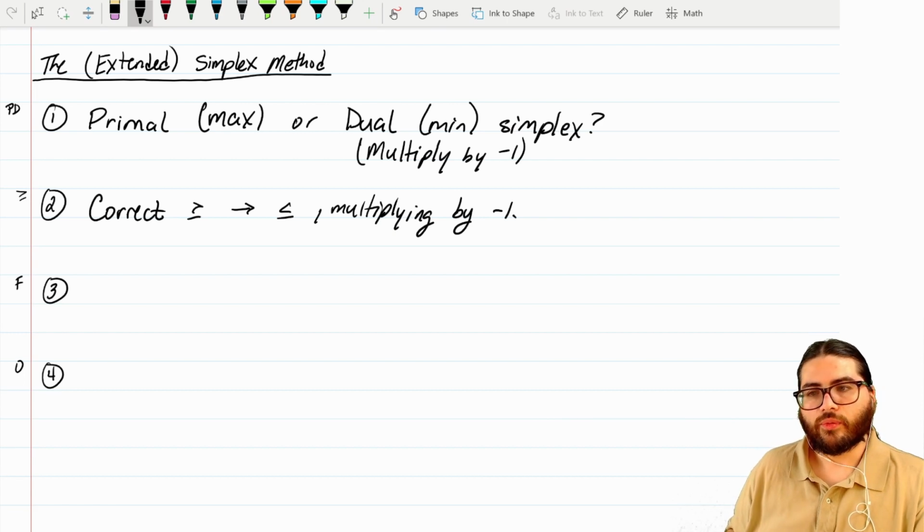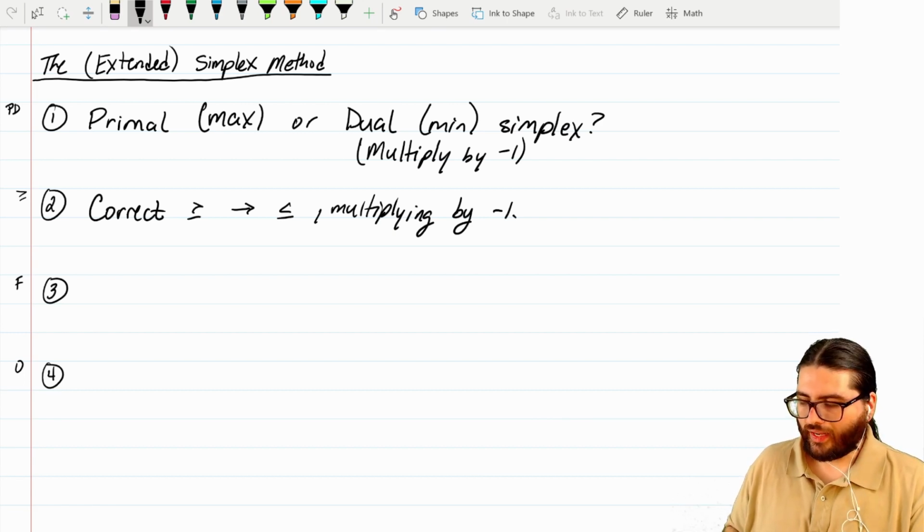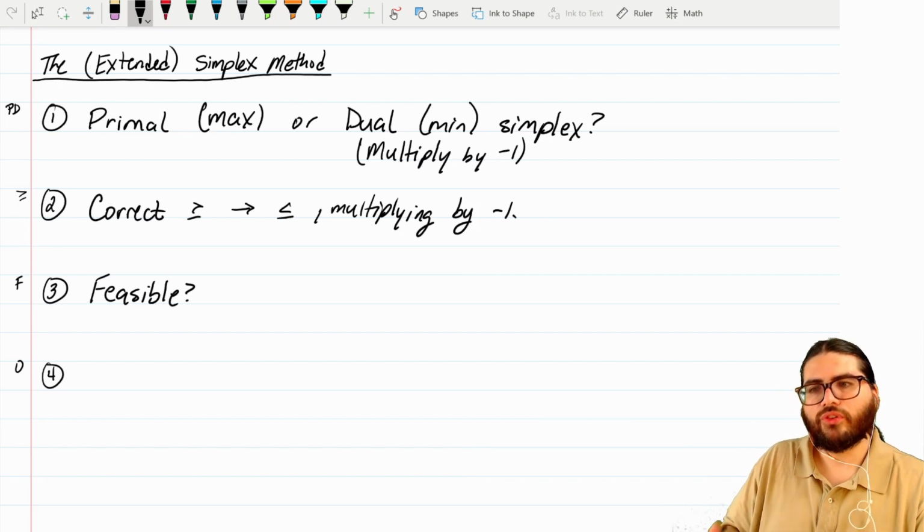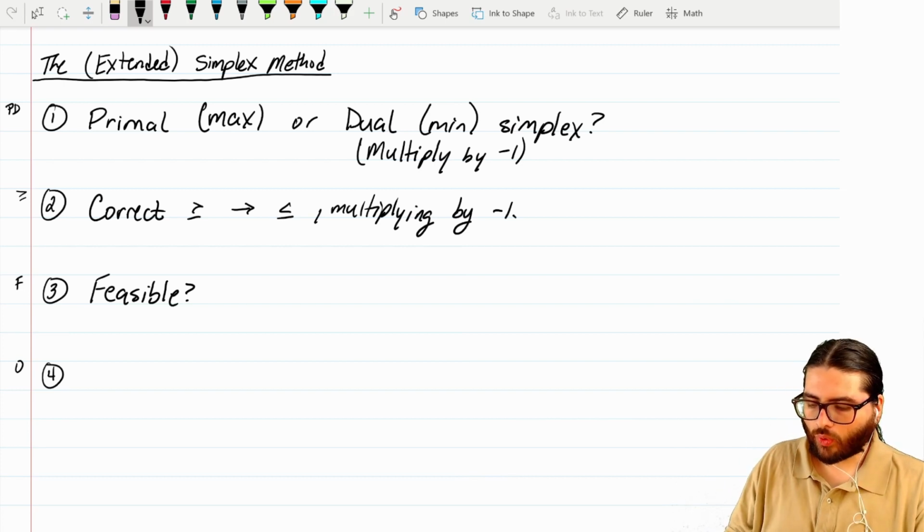Then in step 3, or principle number 3, we ask, are we feasible? The primal simplex method always began at a feasible solution. Because if you remember, the primal method always started at 0, 0.